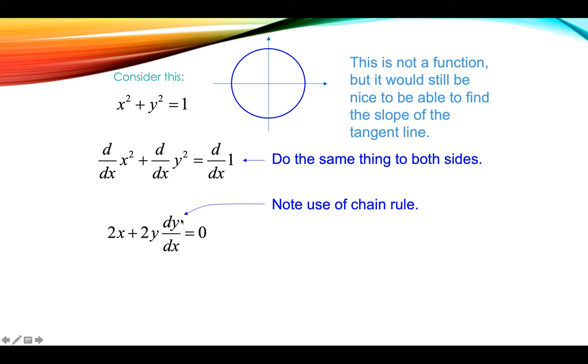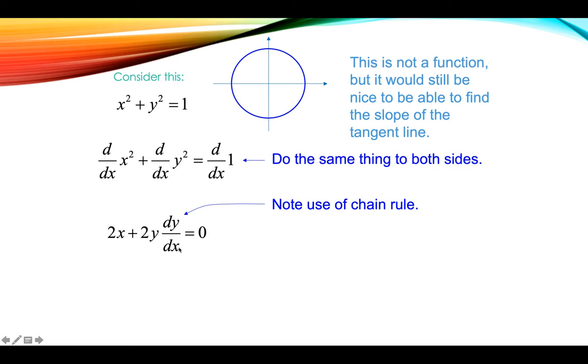And if you want to say it real fast, sometimes people say dy dx. We're not sure what that looks like because we haven't written y in terms of x, so we're just going to put that right here. All right, so that's going to equal the derivative of 1 with respect to x. 1 is a constant, so its derivative is 0.